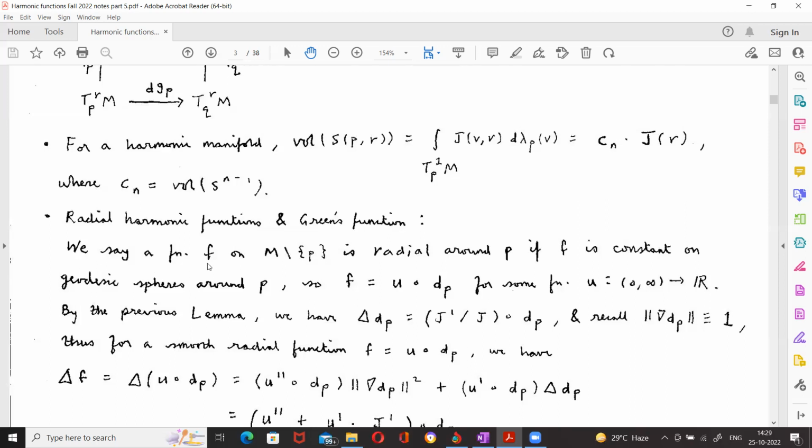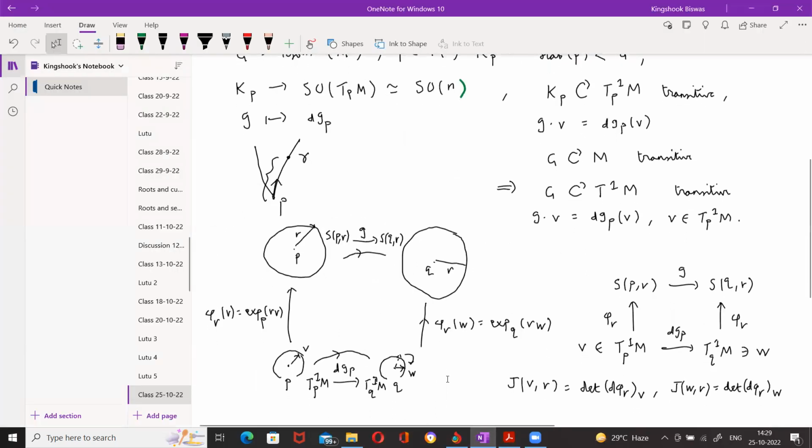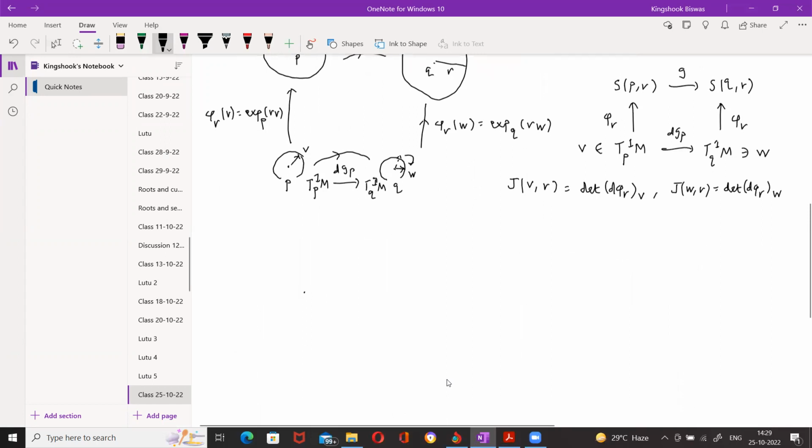We say that a function f on the manifold minus a point P is radial around the point P if f is constant on geodesic spheres around P. So you have your point P and you have spheres around P, and your function is constant on each sphere.